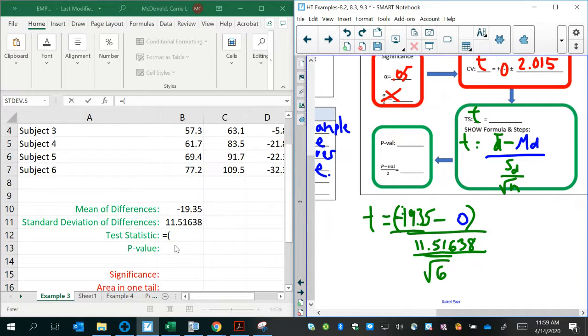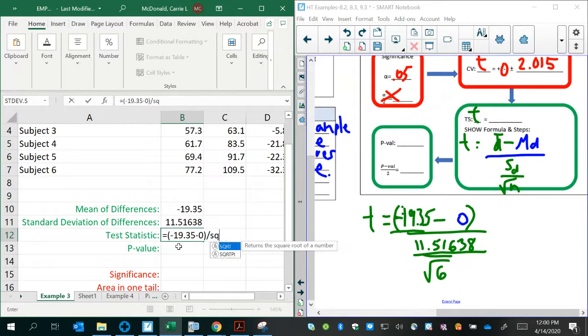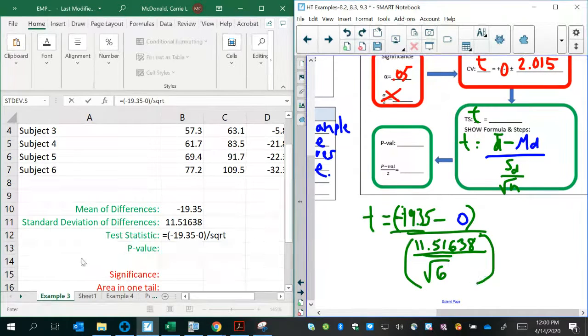Okay, so I'm going to put negative 19.35 minus 0. And you might be thinking, why would we subtract 0? Because it's not going to do anything. You don't have to, actually, but I'm just doing it. It's not going to make a difference. And then divided by the square root. Wait a second. Only the bottom has a square root in my denominator here. So let's put our denominator in its own set of parentheses as well.